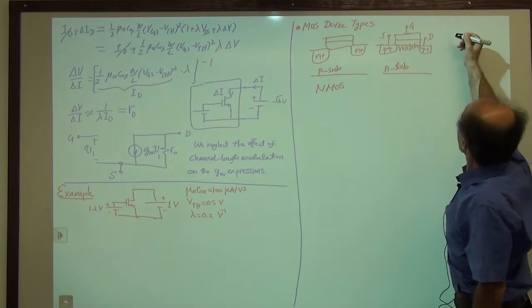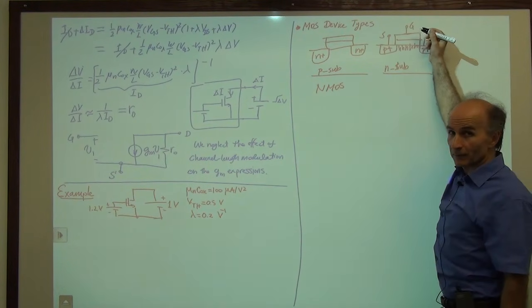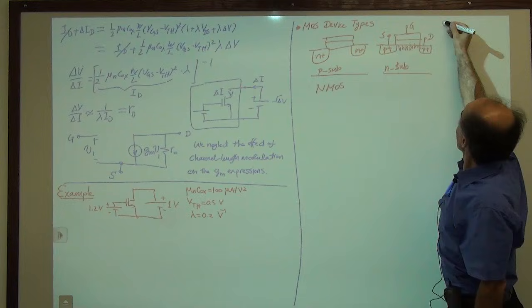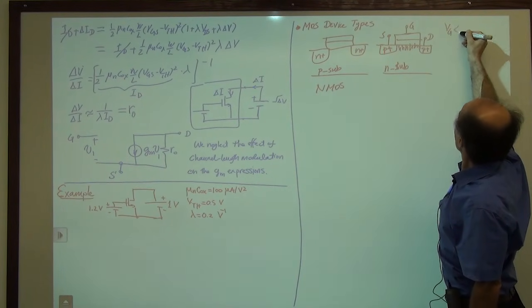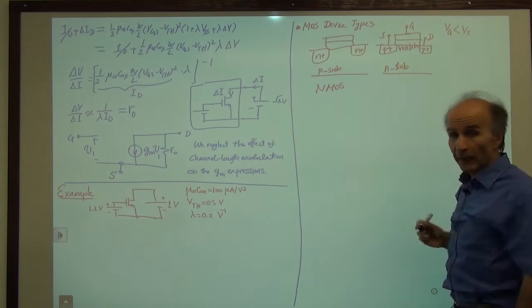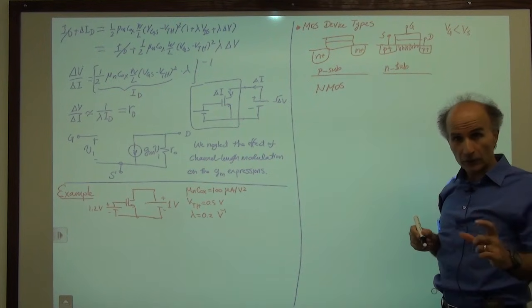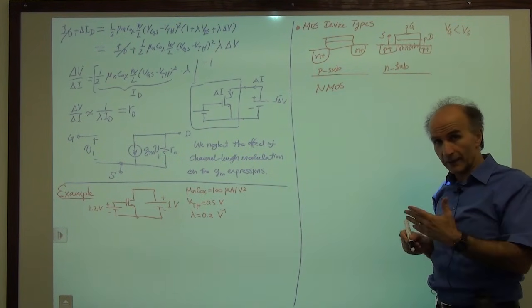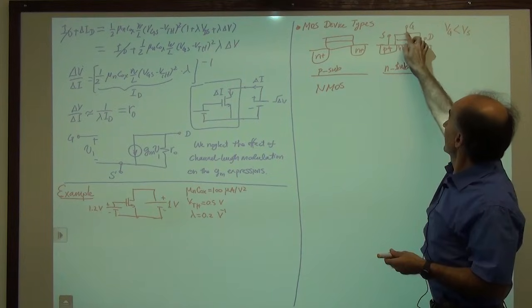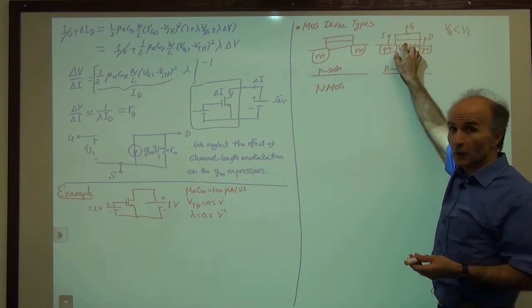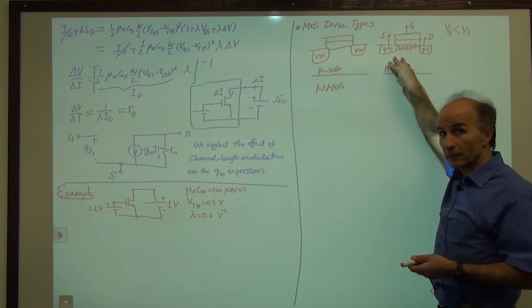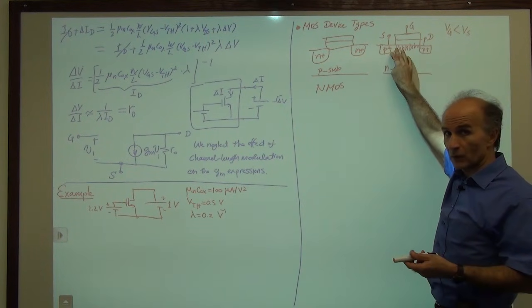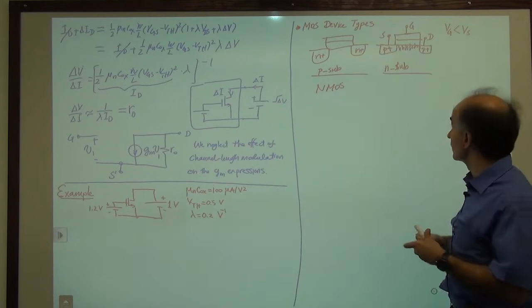All right, so we see that the gate has to be negative with respect to the source. So we say VG has to be less than VS. By how much? By one threshold, right? The concept of threshold still applies, meaning that as we make this gate more and more negative, first we create positive ions, but eventually we attract holes. So that is the threshold voltage.